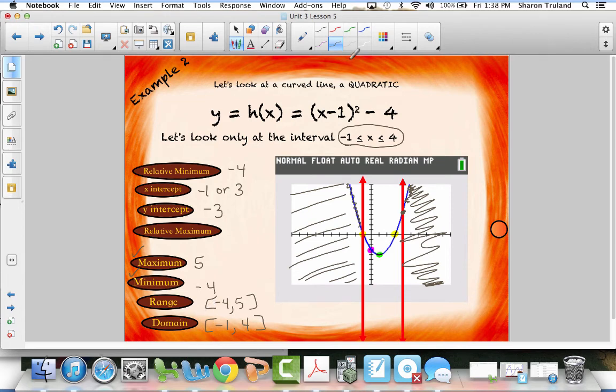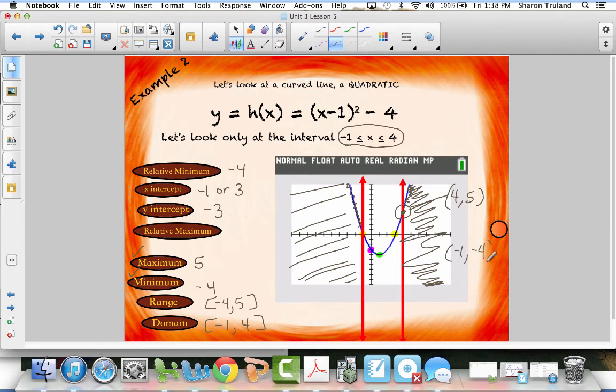And it also helps you find the domain, because the maximum point was the point 4, comma, 5. And the smallest point was the point -1, comma, -4.